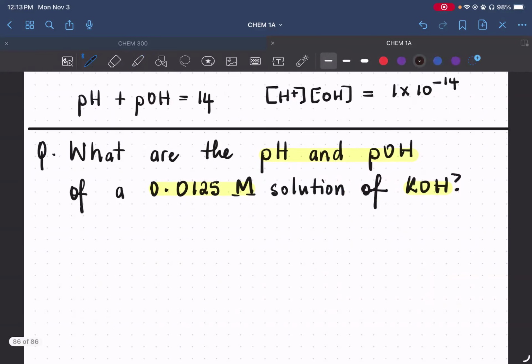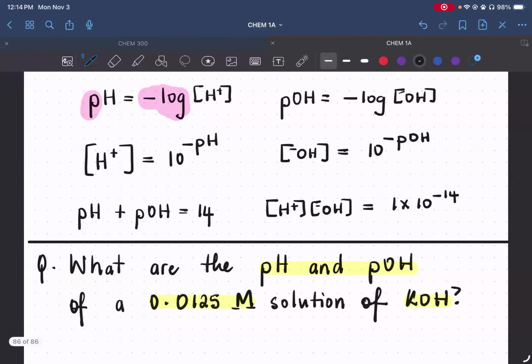Recognize, of course, that based on our normal formulae for pH and pOH, let me just write them back without the purple highlighter. We have the following two equations. pH is equal to negative log of H plus, and pOH is equal to negative log of OH.